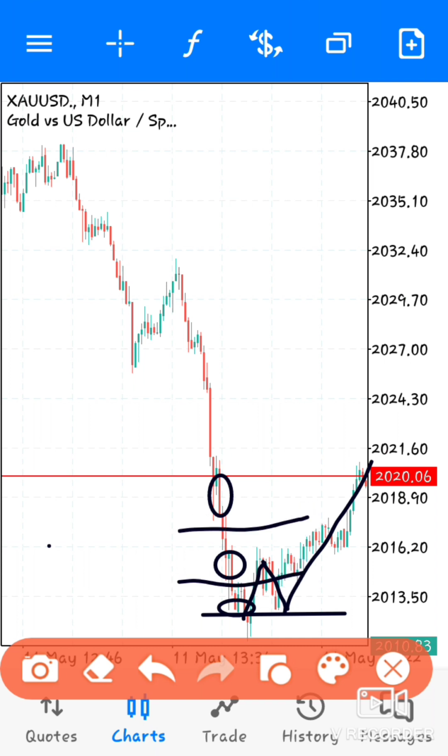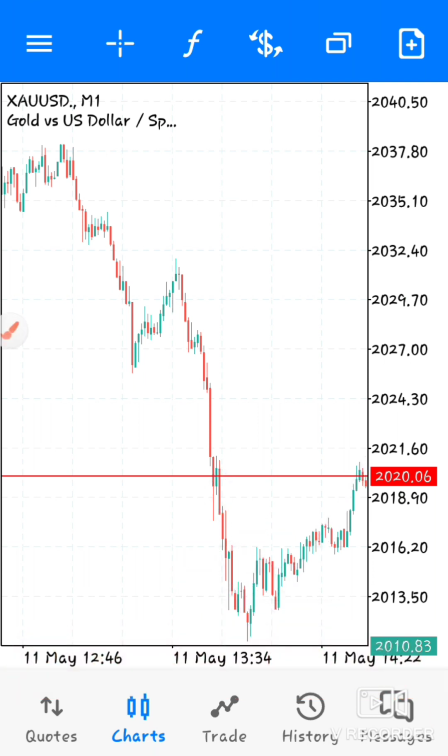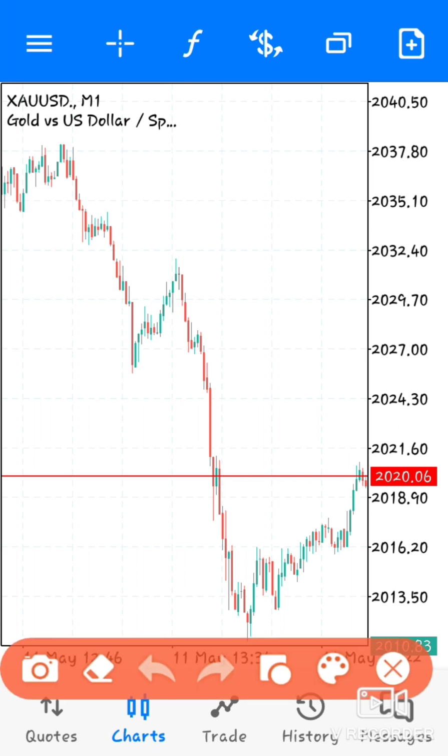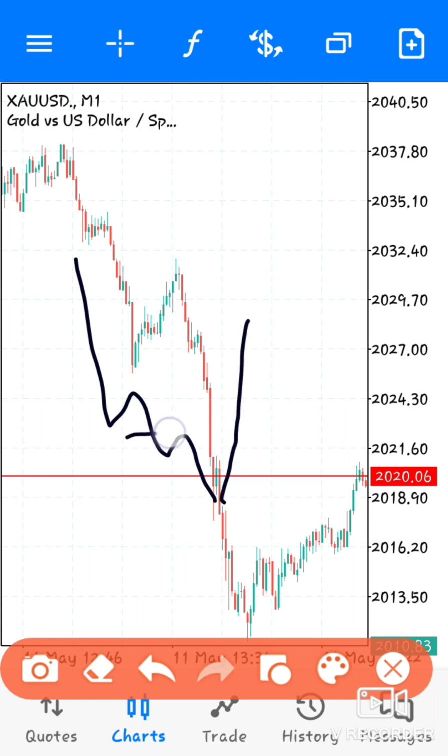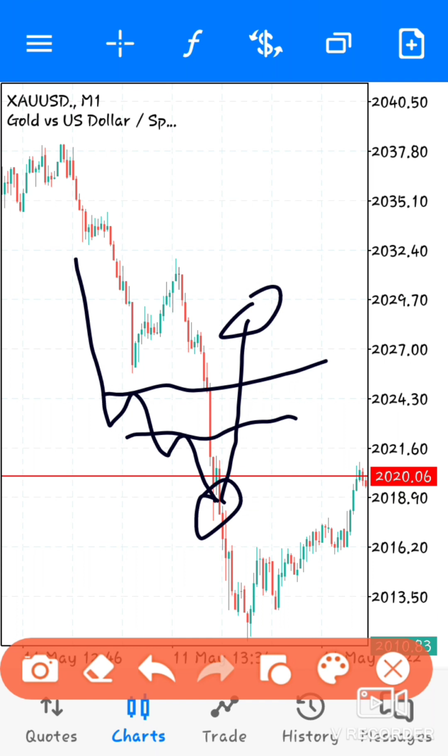Very simple. For the second entry, you want to see price coming down to the support level. All of a sudden you see a pullback, break the first resistance, break the second resistance, then you measure from the bottom to where the price is currently.